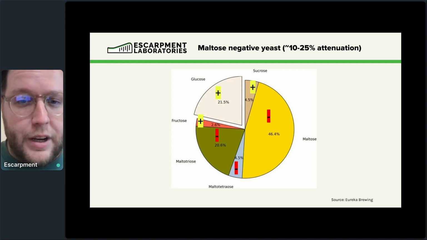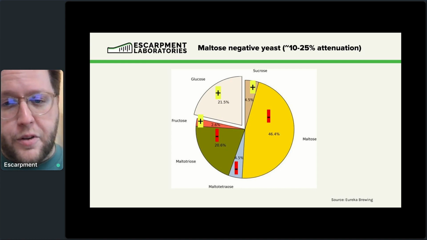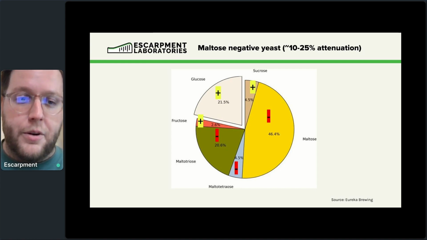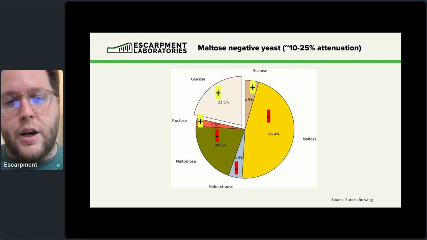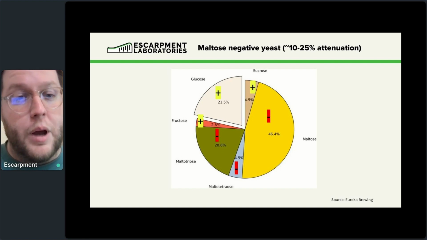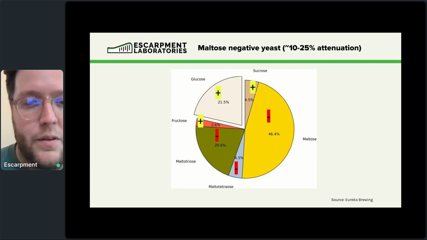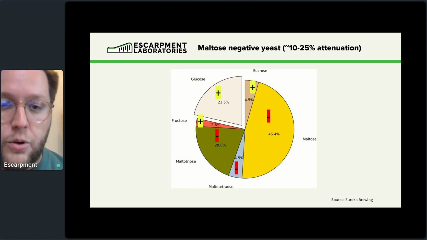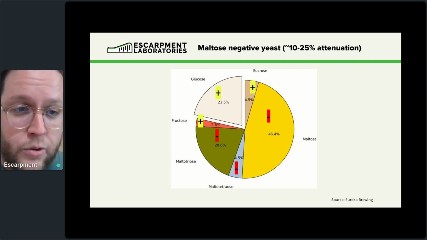And then we get to our maltose negative yeast. These are the ones that are easier to use in this process because they don't ferment maltose, and maltose is the most abundant sugar found in wort. So with these yeasts, you have a lot lower risk of over fermentation, of that fermentation going higher than 0.5% alcohol. That makes these types of yeast quite beneficial for that application because they're only going to ferment simple sugars, glucose and fructose, as well as sucrose.